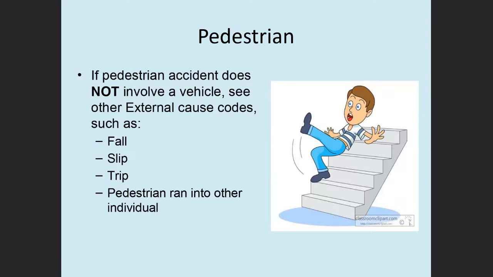If the pedestrian accident does not involve traffic or involve a vehicle, see other external cause codes. So if a pedestrian, someone walking down the street, falls, trips, slips, runs into another person, these are not transport accidents. In this case, you're going to look up in the external cause index what was the cause of the accident, a fall, a trip, whichever is appropriate.